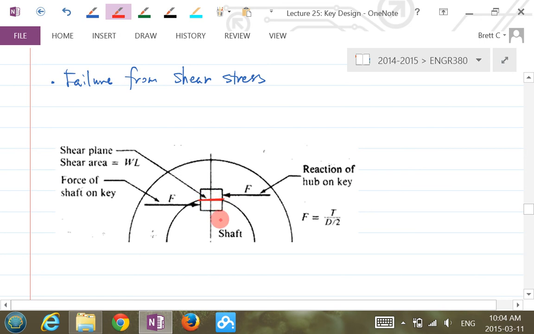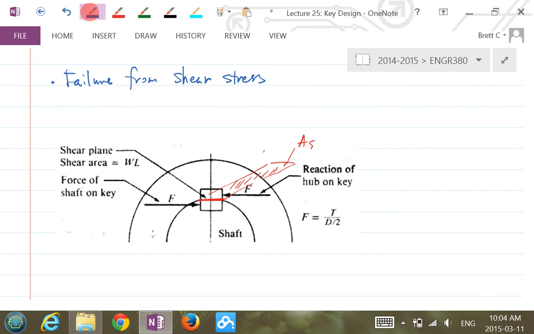This is a direct shear, because it is pretty tight here, like a scissor cutting case. Looking at the red part in detail, this is the area here. We call this AS, the shear area.